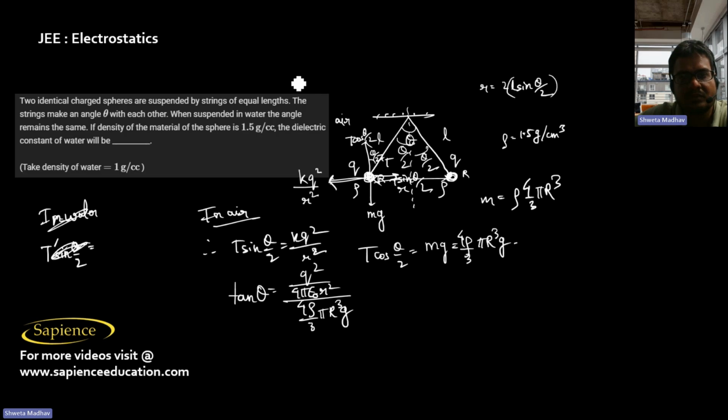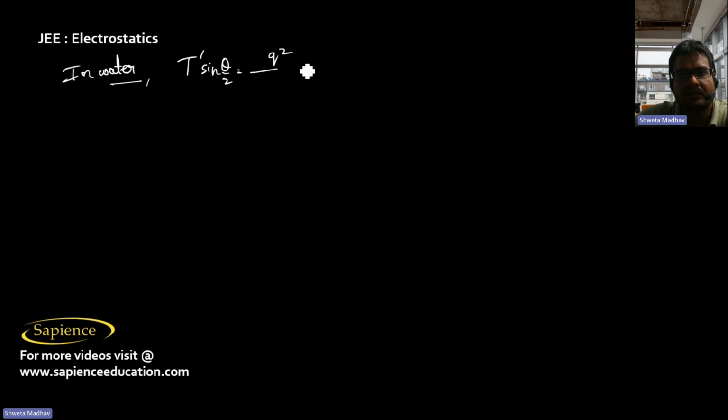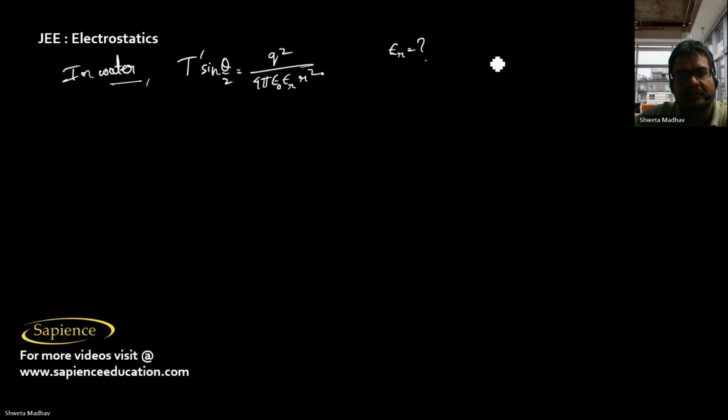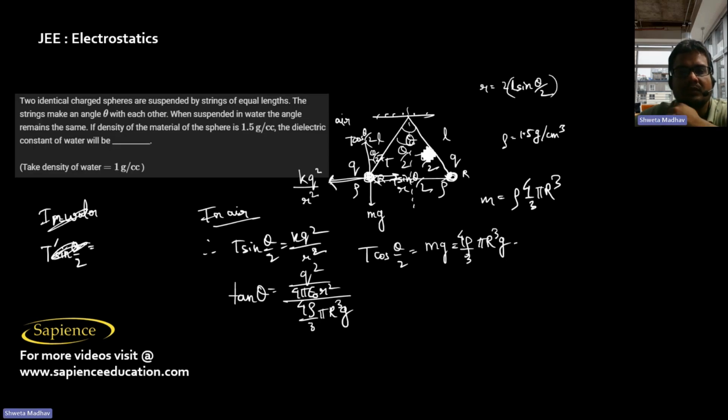So in water I can say T dash sin theta by 2 is equal to Q square by 4 pi epsilon naught into the dielectric constant, which is epsilon r, which we have to find out. That is epsilon naught into epsilon r into r square, where r is equal to 2l sin theta by 2 only. And T dash cos theta by 2 will not be equal to mg.